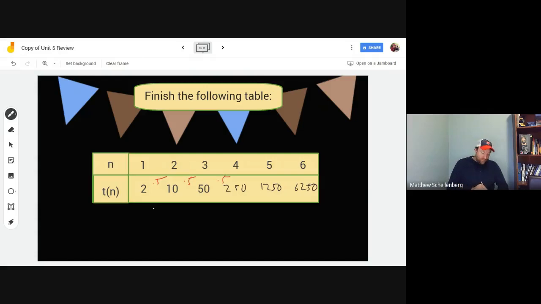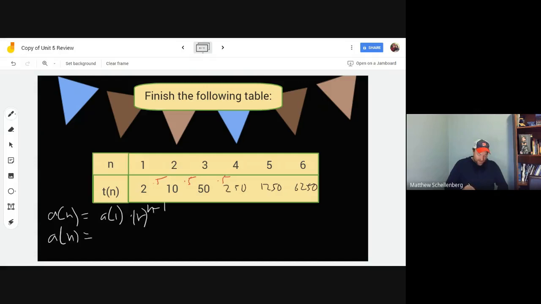What's the formula, though? Well, remember, for geometric sequences, it's always a of n equals a of 1 times r to the n minus 1. So what is it here?